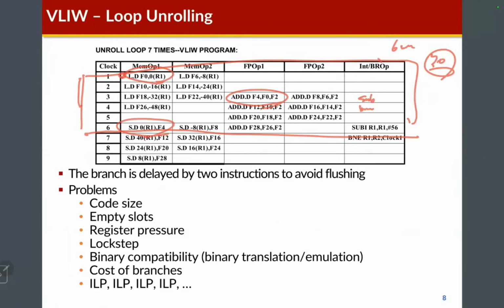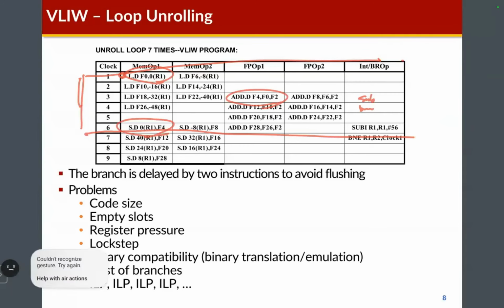Very inefficient. So in order to increase the efficiency of the VLIW, we need to apply more aggressive compiler optimization techniques. Loop unrolling is one example of a compiler technique. If the loop is unrolled 7 times, we can find more instructions like here.